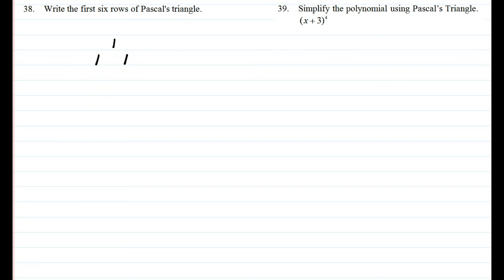So here the outer edge of the triangle is 1, and then these 2 ones add to give us 2. Same thing, the outer edge is 1. But now we have 1 and 2 makes 3. And the same thing happens on this side. 1 and 2 makes 3.